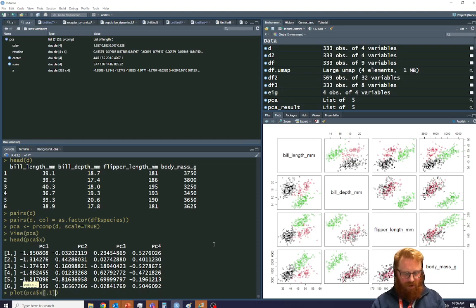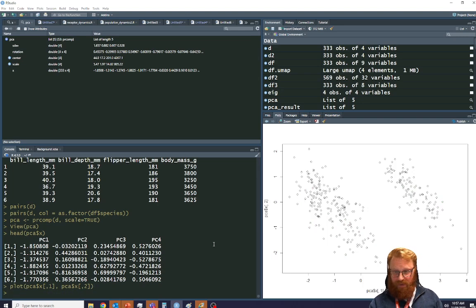I'm just going to copy and paste that. We use dollar x to select that x data, we open our square brackets, we say we want every single row, so we don't put anything in the row, and then we want the first column. Then we do the same for the y-axis: PCA dollar x, every single row, but the second column, i.e. this is PC1 and PC2. And we press enter, and we get this.